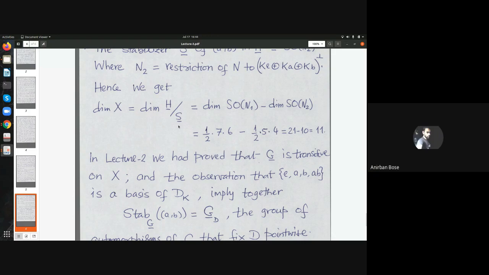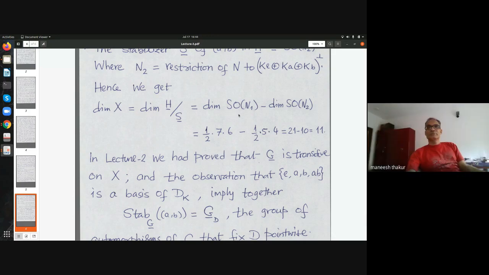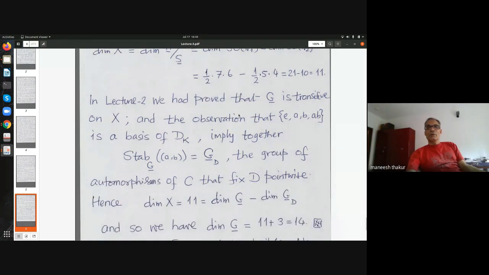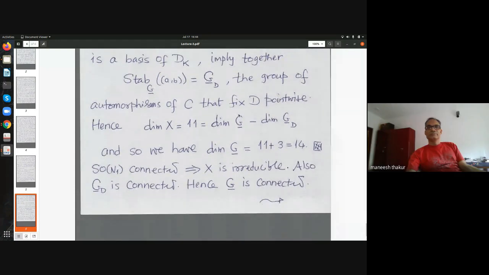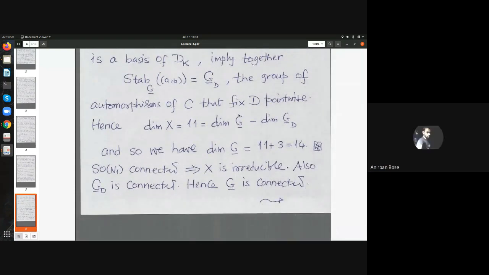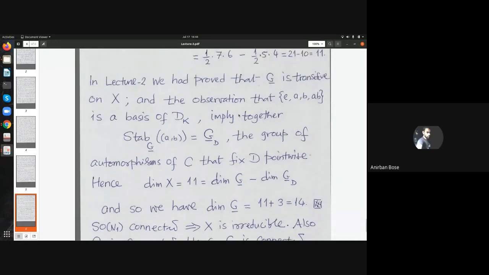So SO N1 is connected implies X is irreducible, and then from there we are concluding that G is also connected.